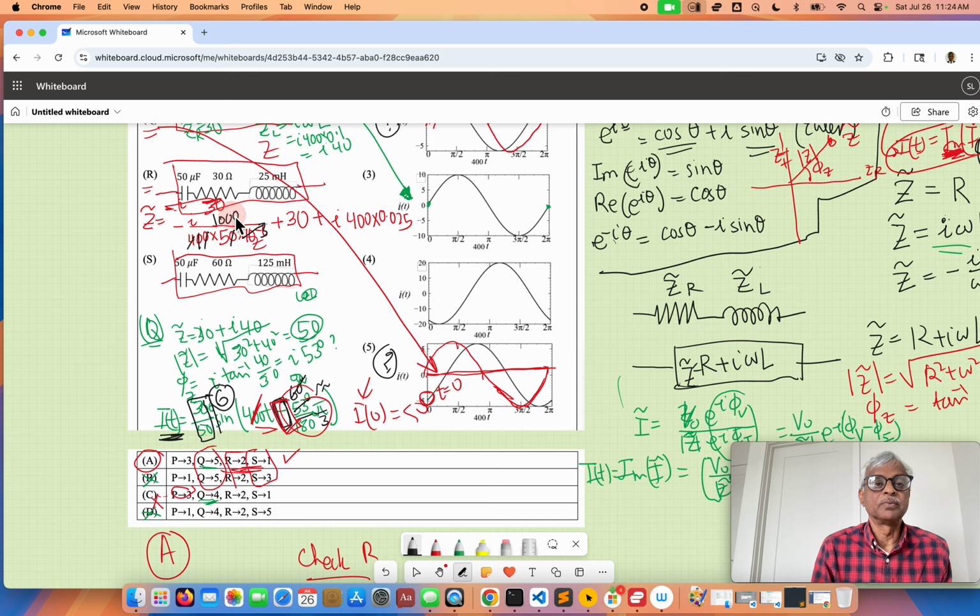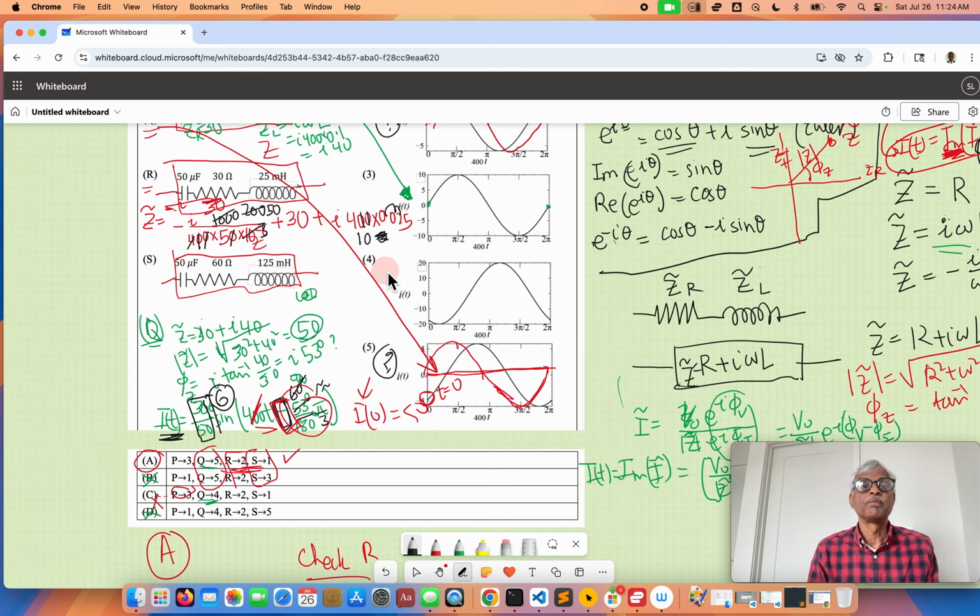So 5 divided by 1,000 is 200, and 4 divided by 200 is 50, and this one is going to be 10.